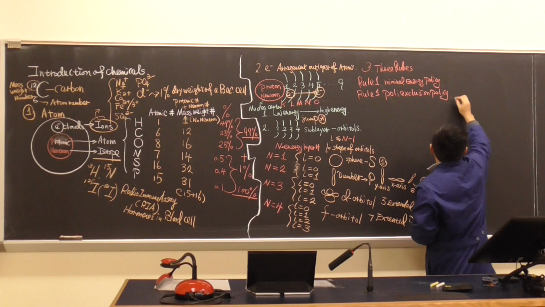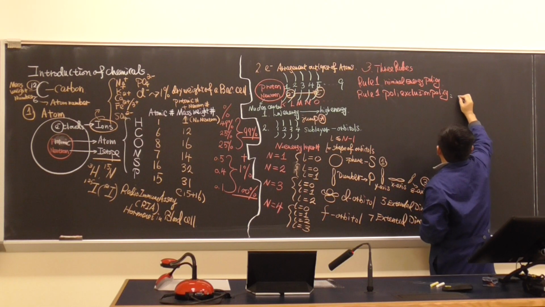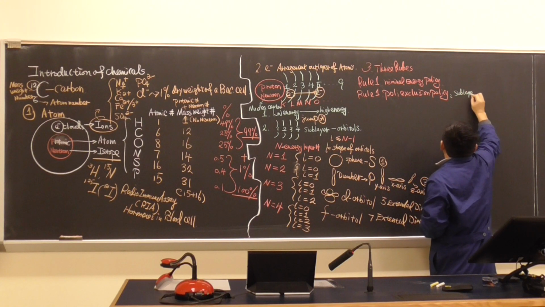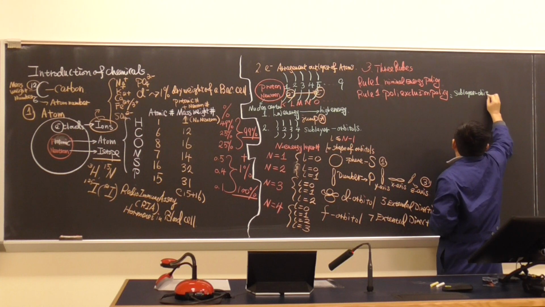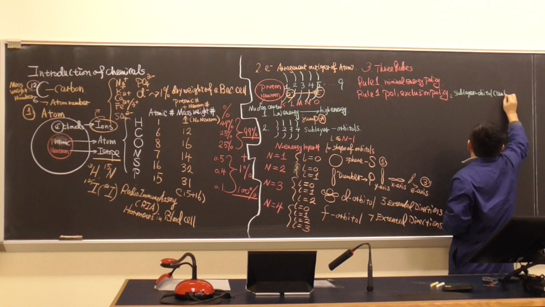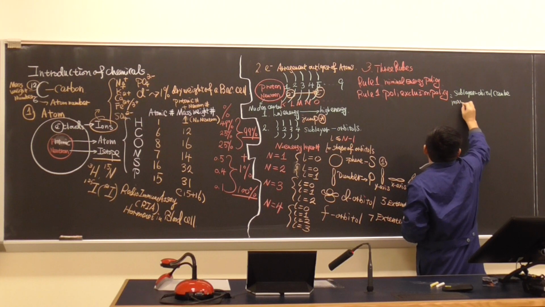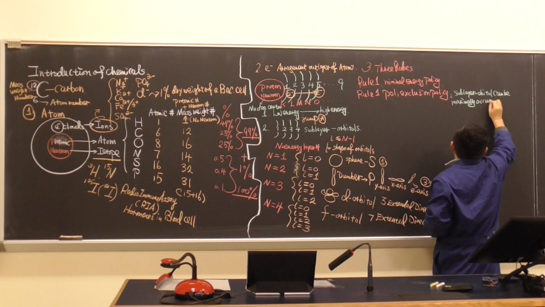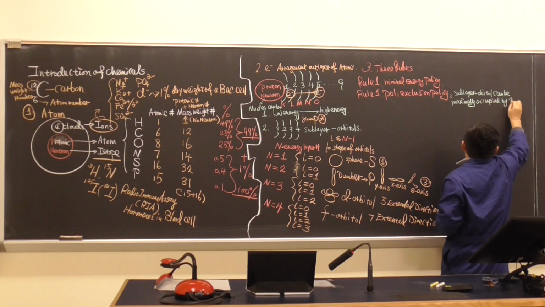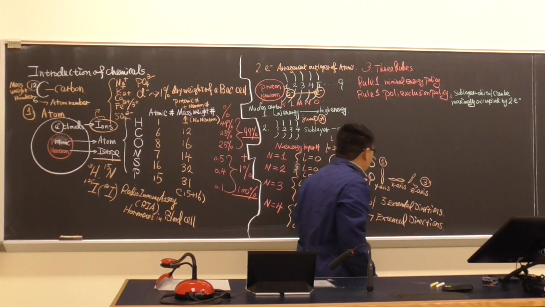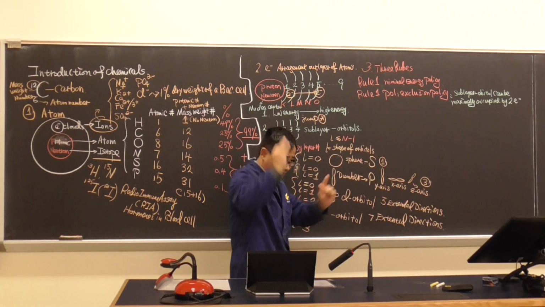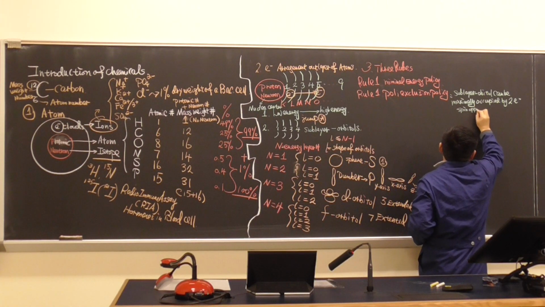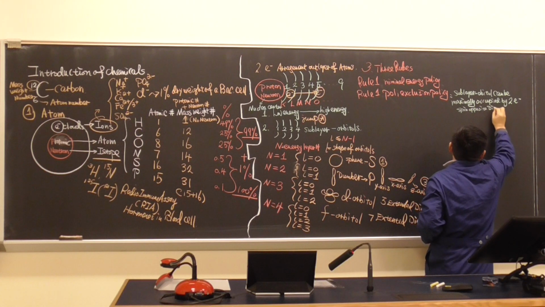Pauli exclusion policy means every single sublayer orbital can be maximally occupied by 2 electrons. And the electrons can spin, you know that, up and down, and spin in opposite directions.